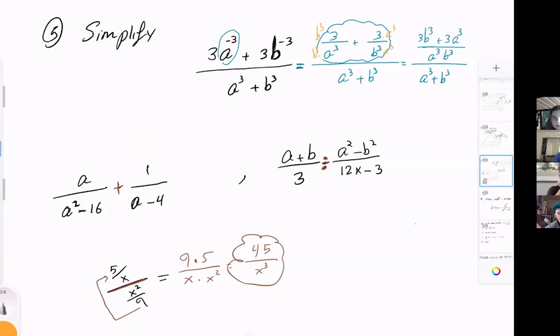So I factored it. So now I'm going to put 1 here, multiply these 2, divided by multiply these 2. We have 3b cubed plus 3a cubed divided by a cubed b cubed times a cubed.